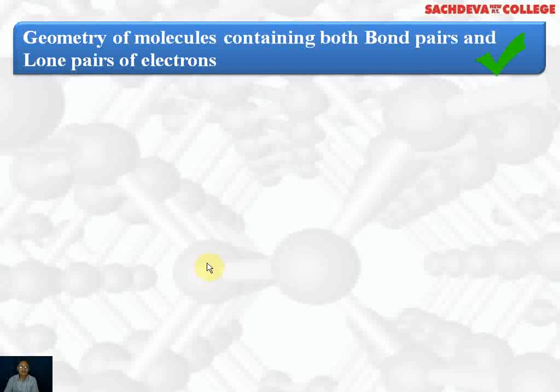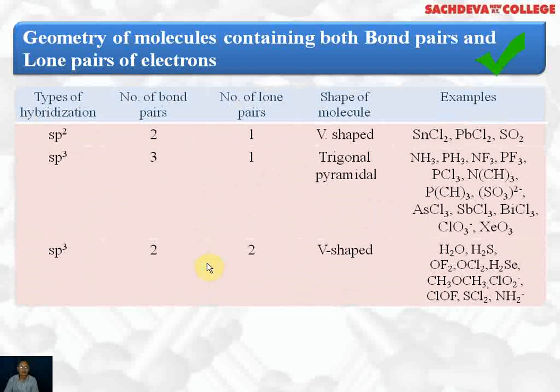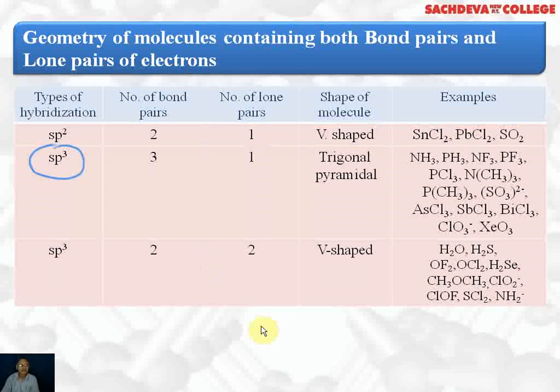Now we are taking geometry of more molecules containing both bond pairs of electrons and lone pairs of electrons. If sp2 hybridization is there and there are two bonded pairs and one lone pair, the shape of the molecule will be V-shaped. Examples are SnCl2, PbCl2 and SO2. Sp3 hybridization with 3 bond pairs and 1 lone pair, the shape is trigonal pyramidal or simply pyramidal.